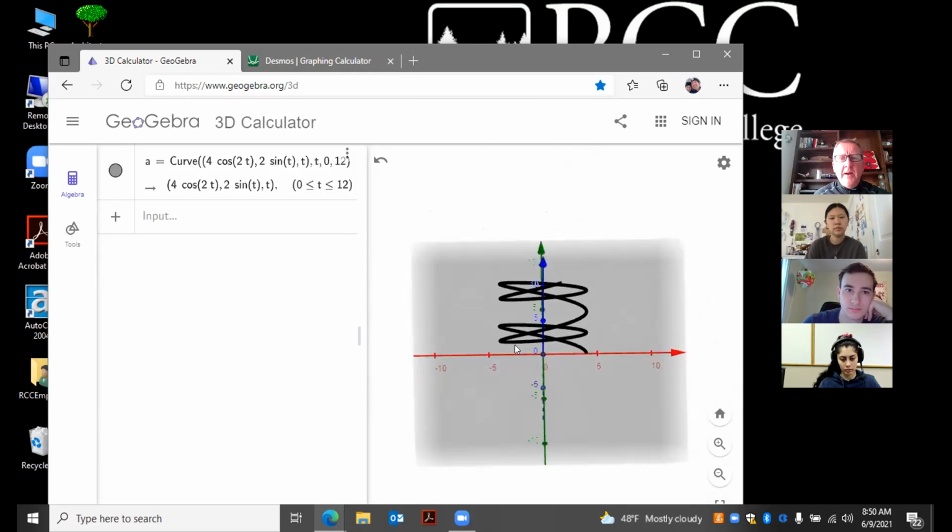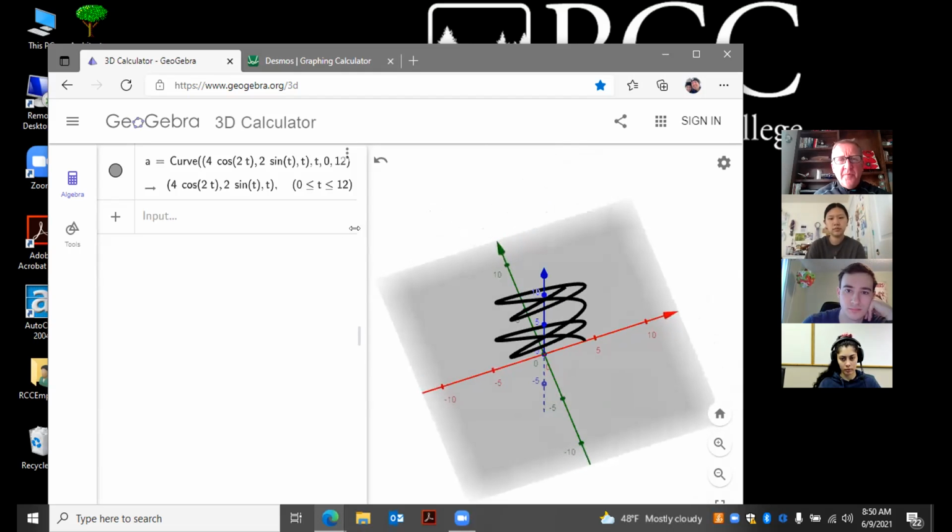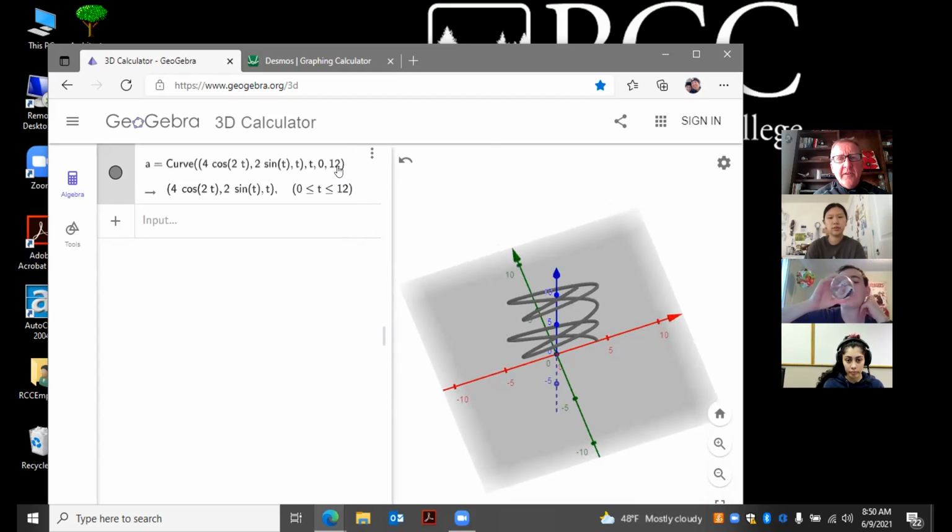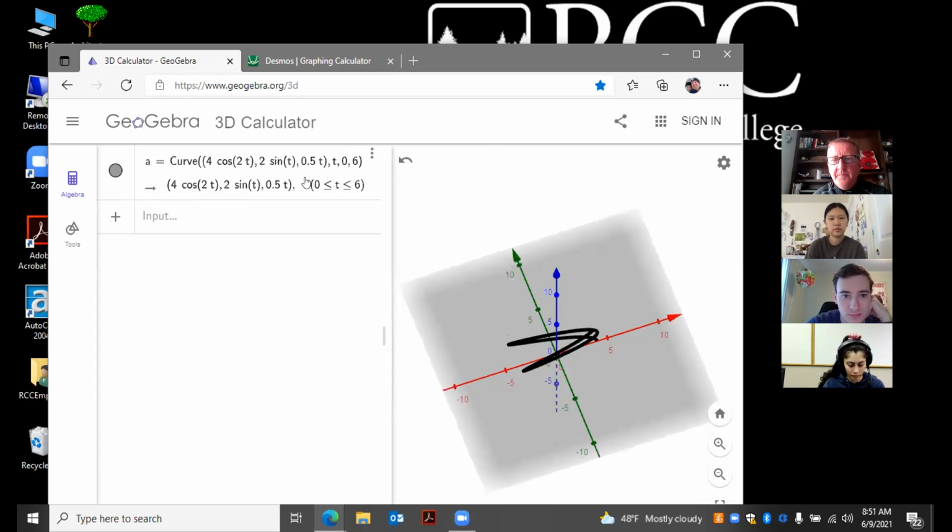Now, what I want to ask you is, what if I start just playfully messing with this number right here? For instance, you should be able to tell me this. What if I put a 0.5 in front of that? I'll take this back up to just 6. Is this half as slow or half as fast? Half as fast. Is this what you thought you would see?